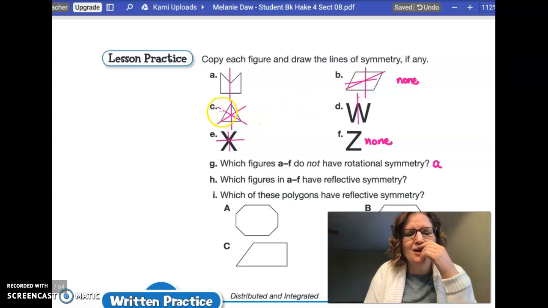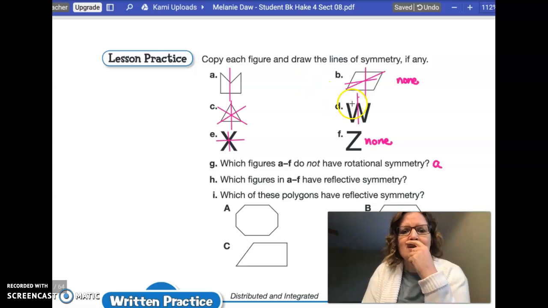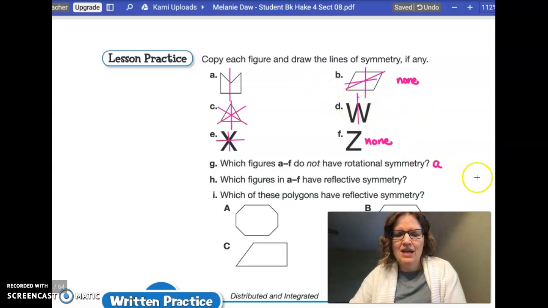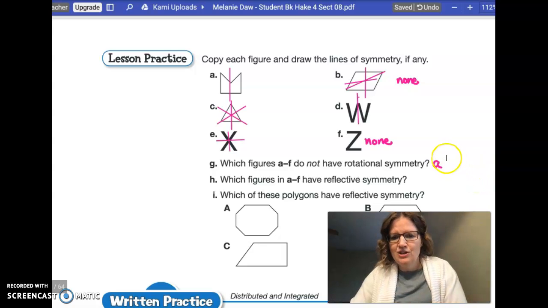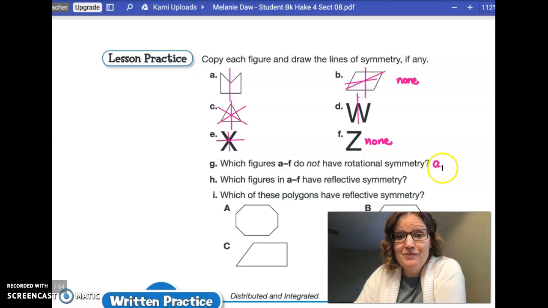C, if we rotated it, it would be symmetrical. D, if we rotated it, no. So for the shapes that do not have rotational symmetry, it's going to be A and D.